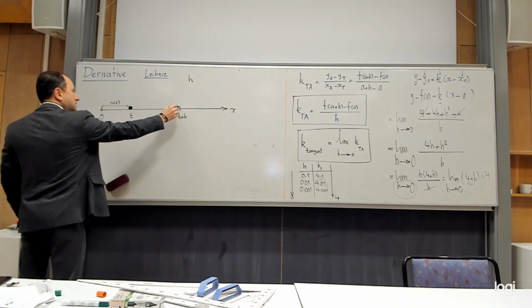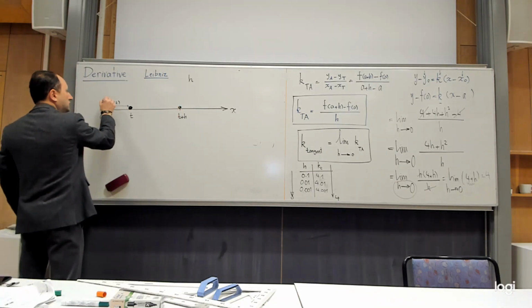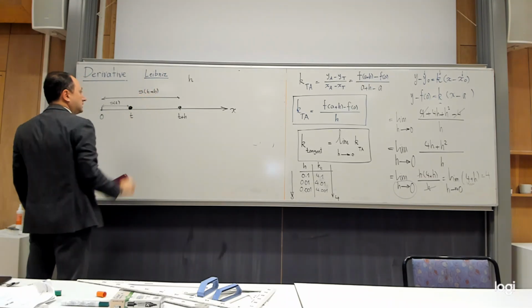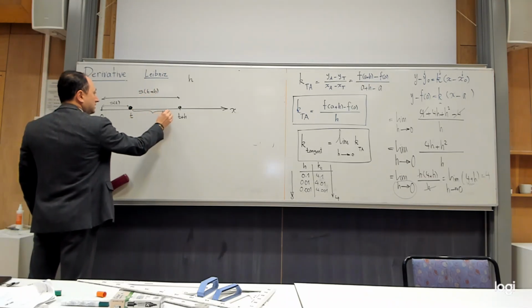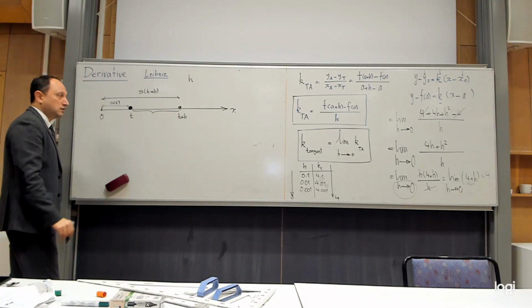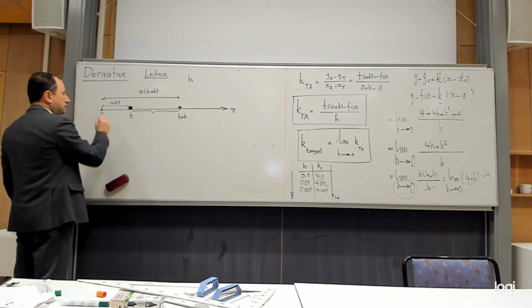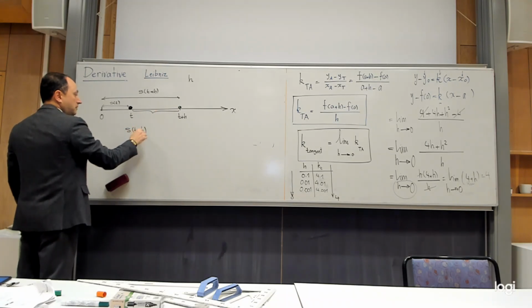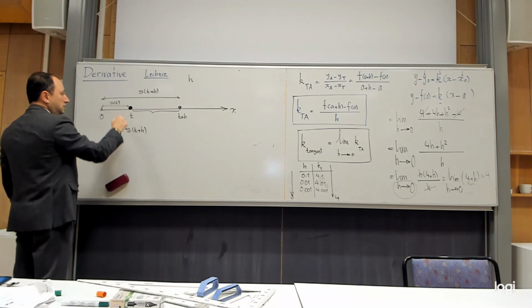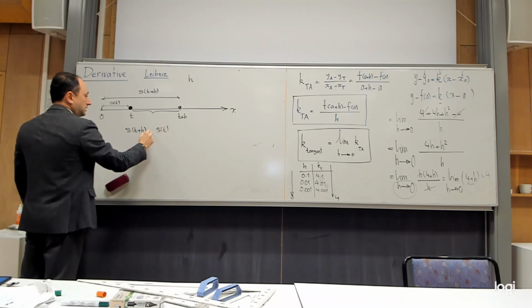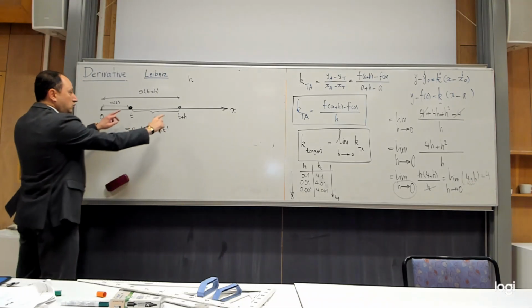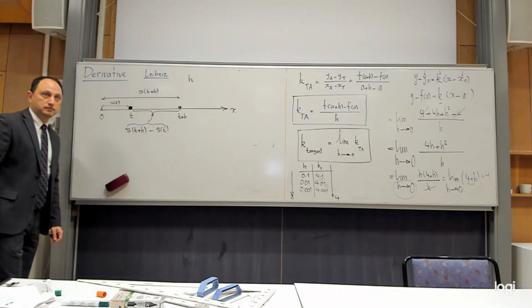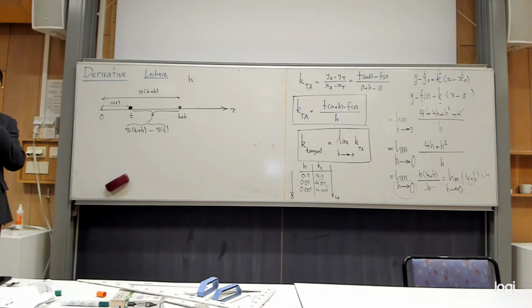And the distance of my particle to the origin becomes s of t plus h. Then I know how to calculate this distance. From here to here is s of t plus h. From here to here is s of t. If I subtract them, I hope that you agree this quantity is exactly this length. Yes or no? Yes. Okay.